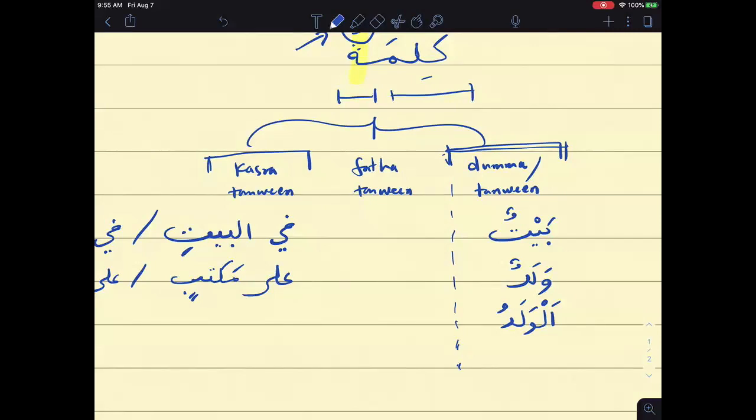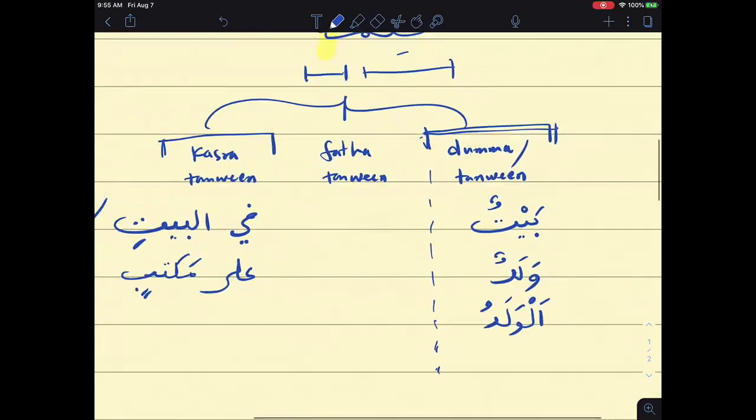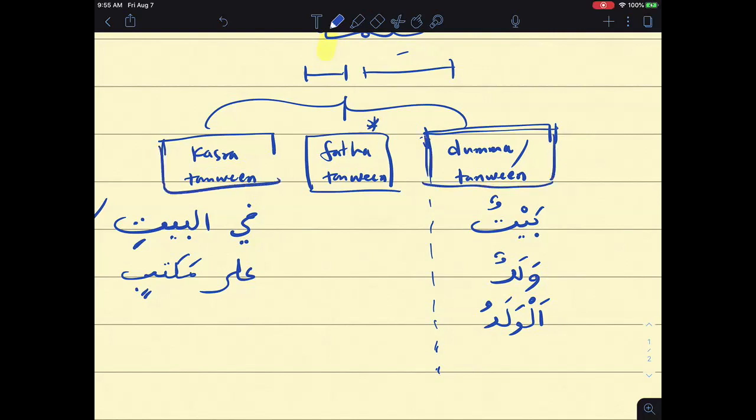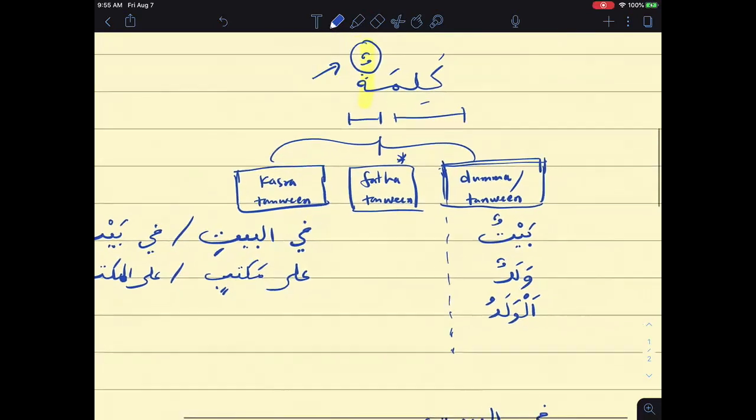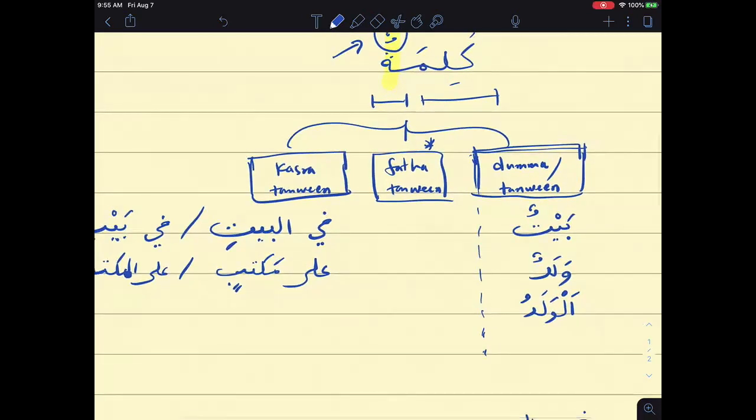There are a lot of cases. So basically, believe it or not, most of the rules about when to put fatha, dhamma or kasra are in the fatha. Fatha has a lot of situations you have to consider. Dhamma would be the second, and the kasra would be the least. Believe it or not, there are only 2 situations where you will put kasra.